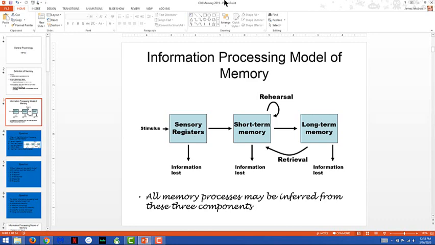Now, a little bit about the name. Information processing model of memory just sounds like a name for it, but there's actually a little bit of history in there. The term information processing was actually a term from computer science.